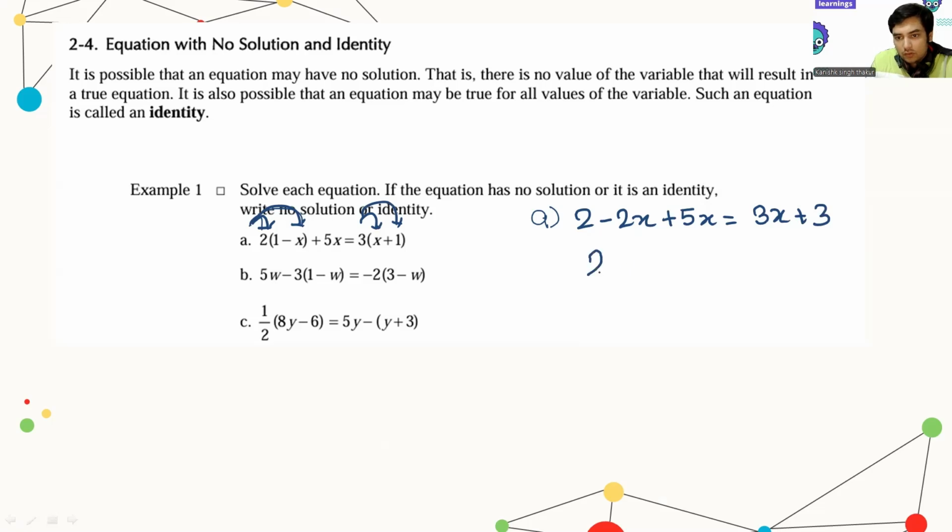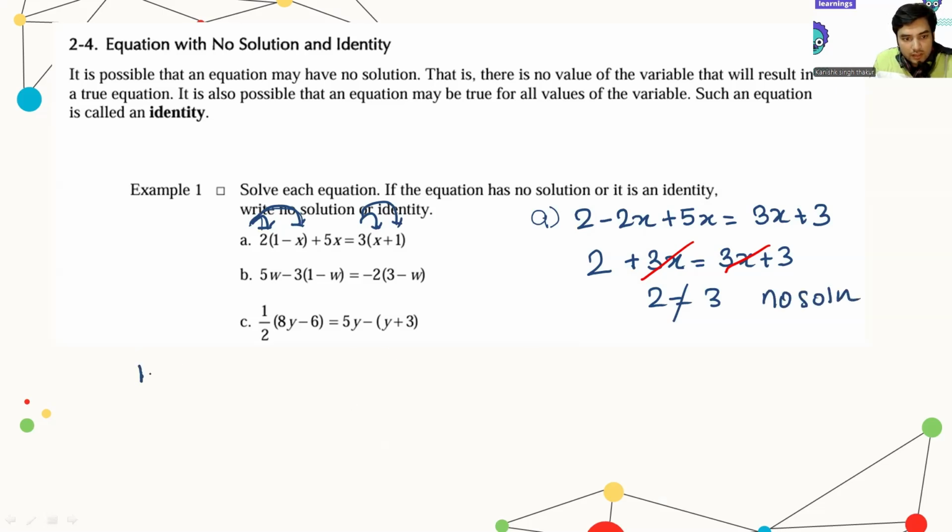Now 2 minus 2x plus 5x is plus 3x, equal to 3x plus 3. Now what happens is 3x gets cancelled, and you have 2 is equal to 3 remaining, which is not possible. So this is the case of no solution.